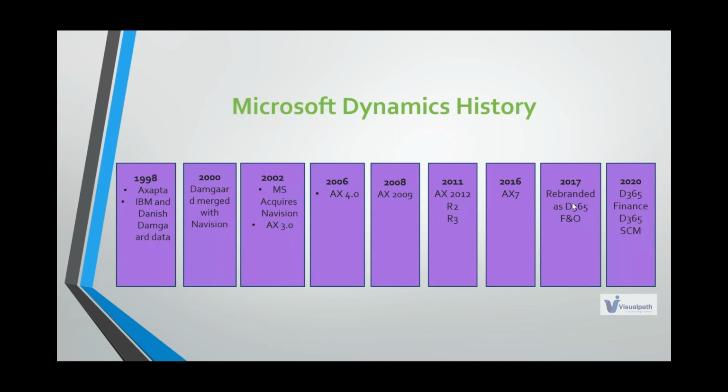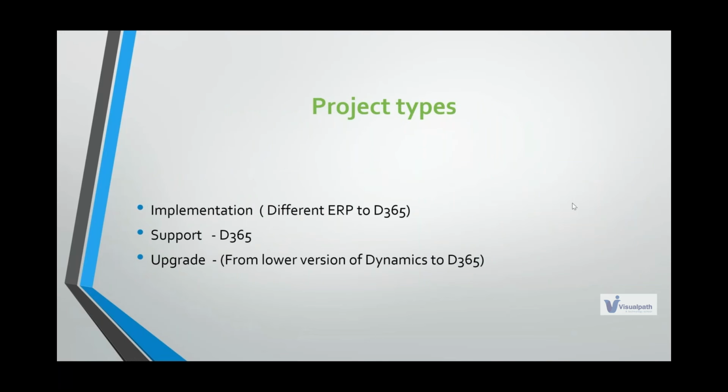Is it possible? Yes, that is possible through an upgrade project. Upgrading from lower versions to higher versions of Dynamics is called an upgrade. In the market, when you are applying for jobs, only these three projects will be there. You can apply for implementation, you can apply for a support project, you can apply for an upgrade project.